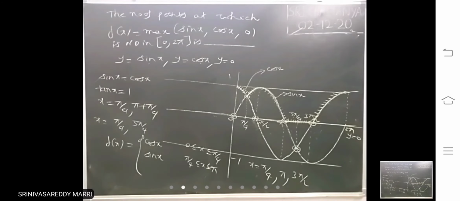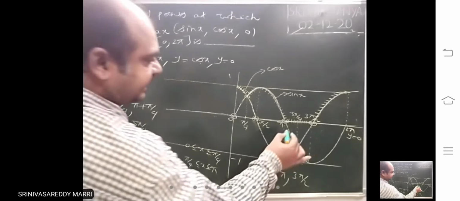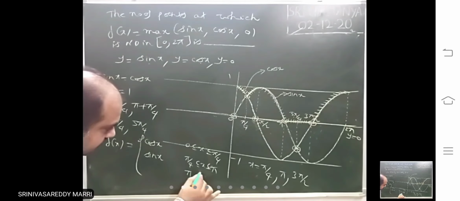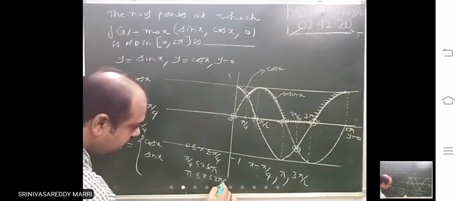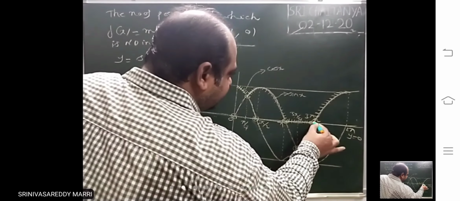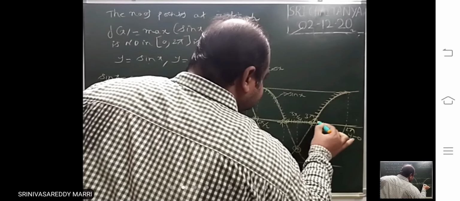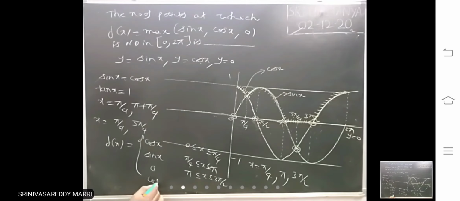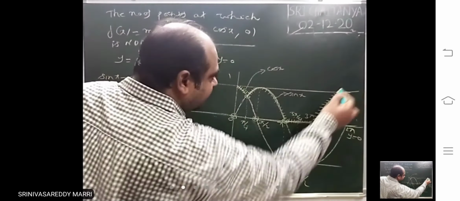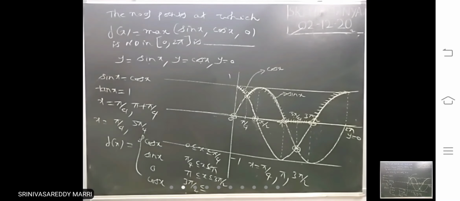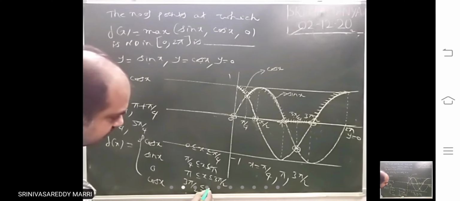Then pi to 3 pi by 2, y equal to 0, that means 0. Then 3 pi by 2 to 2 pi, this is the maximum, cos x.